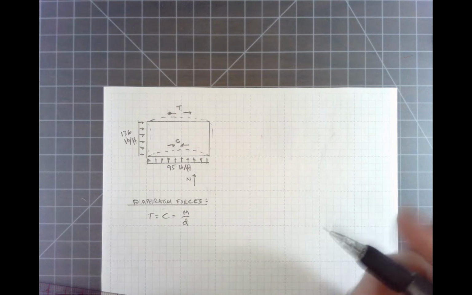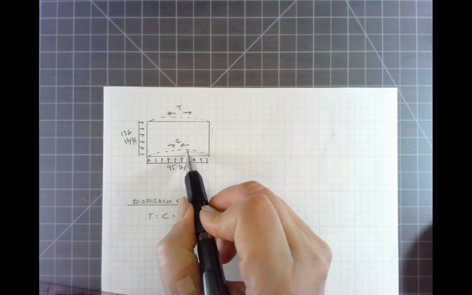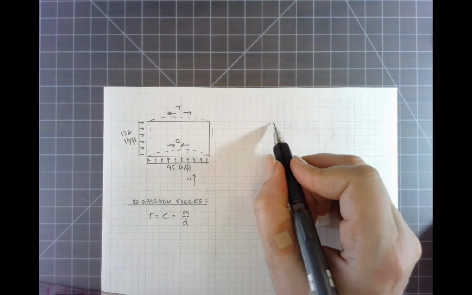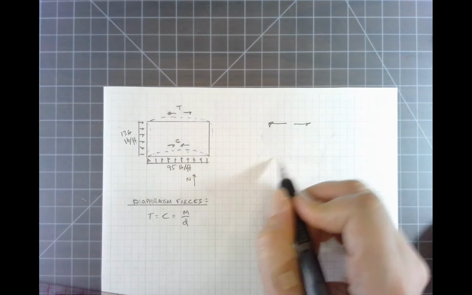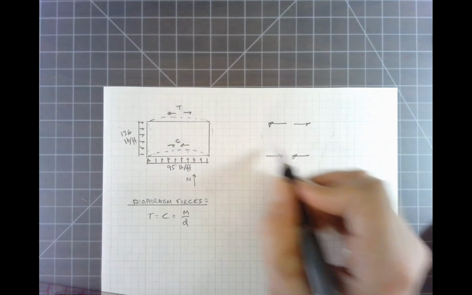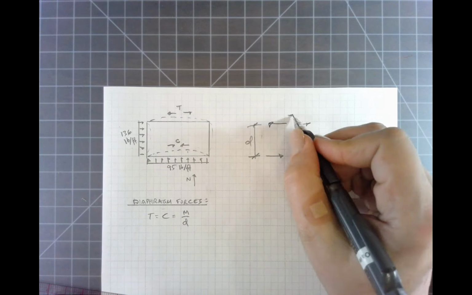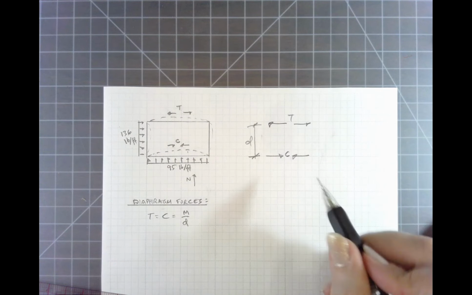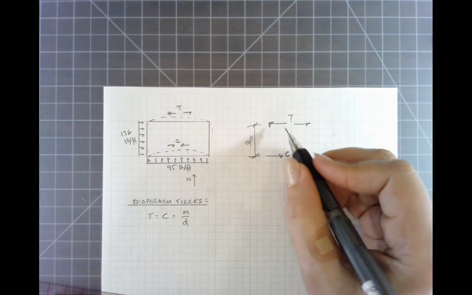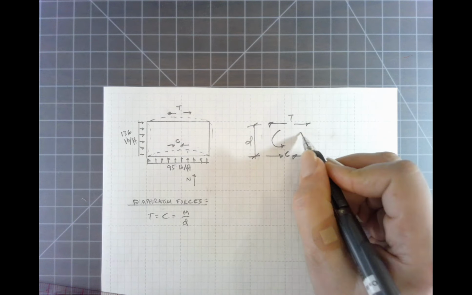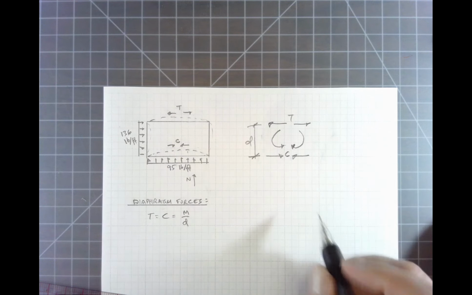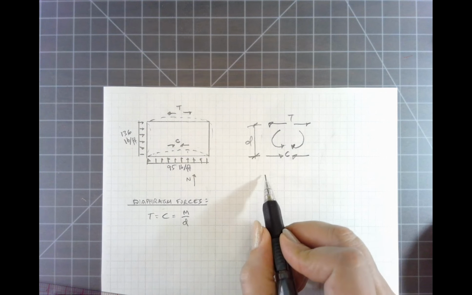So this is basically a couple between these two forces here. We have tension acting on this side, compression acting on this side, and then the distance between these here. This is going to equal the moment that we generate. And so the moment is like a simple span beam.